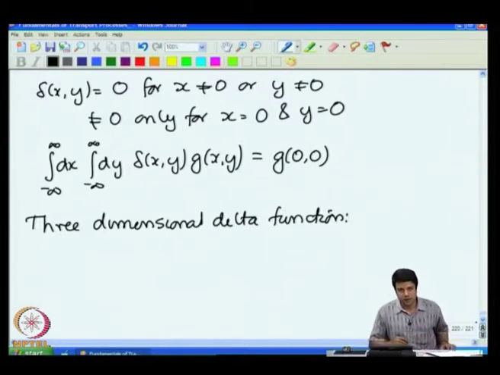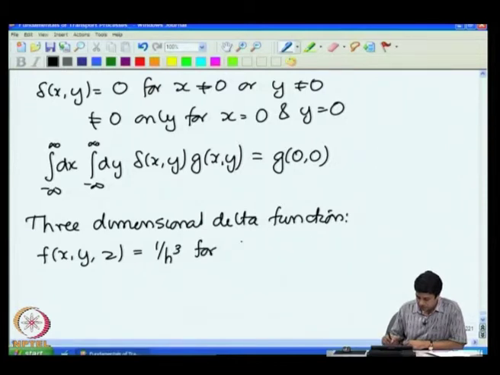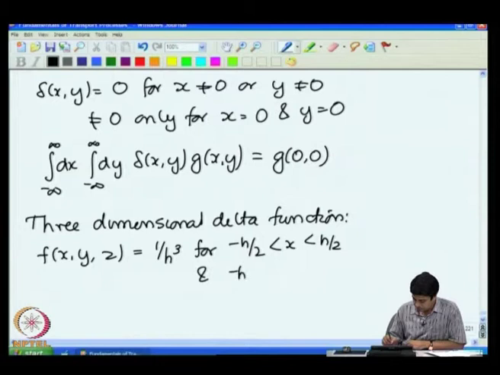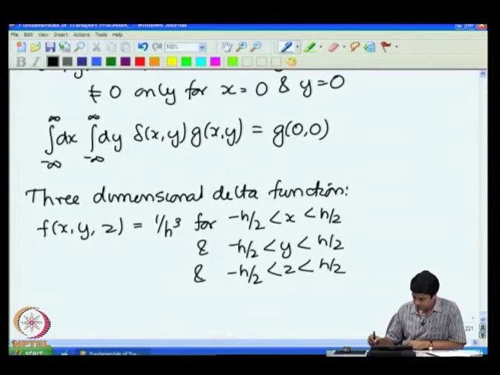In that case, the formal definition of this function is f of x y z is equal to 1 over h cubed inside the cube, and is equal to 0 otherwise.